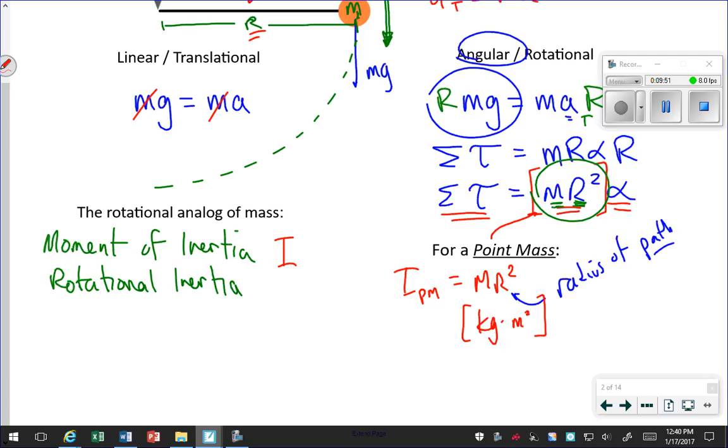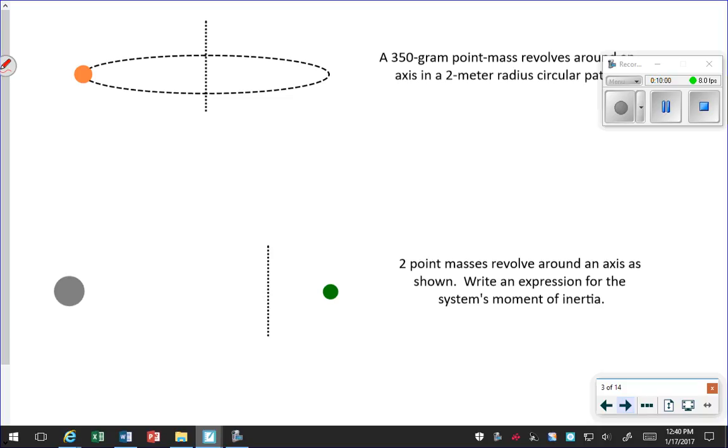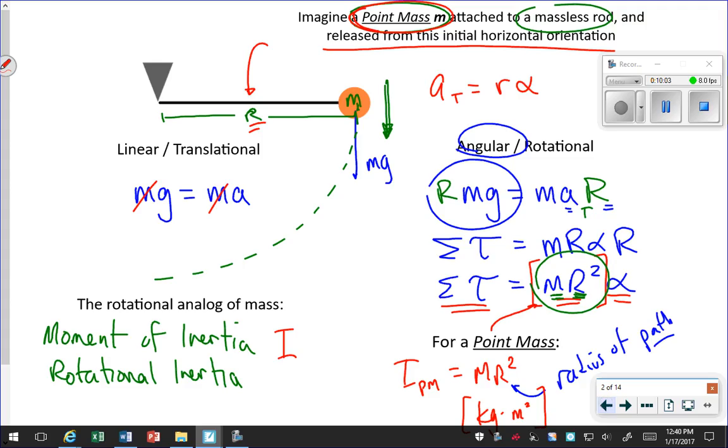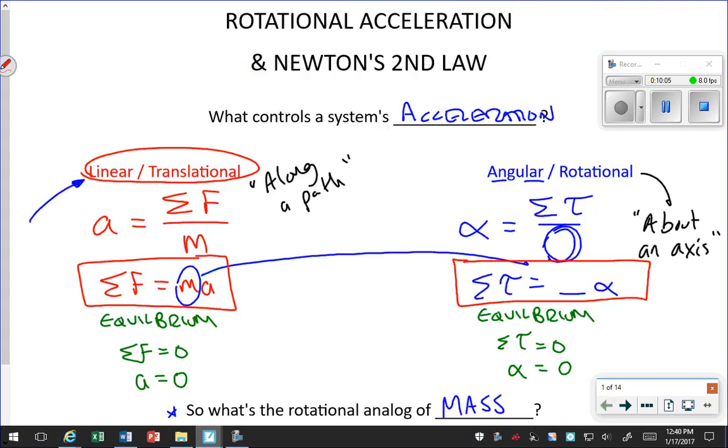Therefore, those are the units of moment of inertia, or rotational inertia. All right, so in general, this new formulation of Newton's second law for systems that rotate is net torque is I alpha. Or the system's angular acceleration is directly related to the net torque that it experiences and inversely related to its rotational inertia.